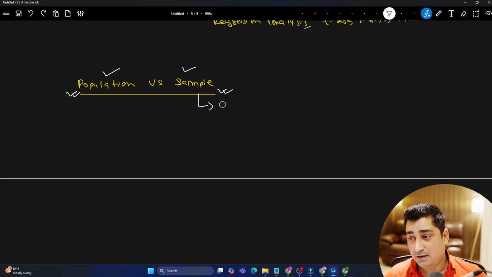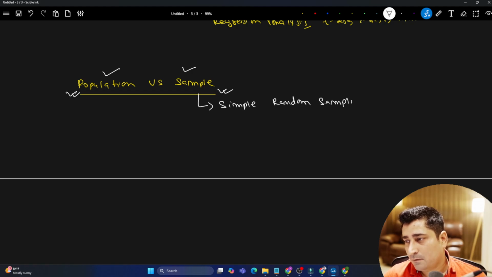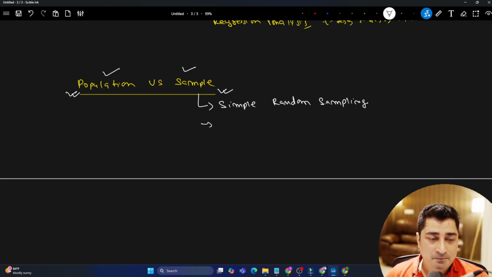I believe just by the name itself, you are all able to understand. Simple random sampling. The second technique could be stratified sampling.